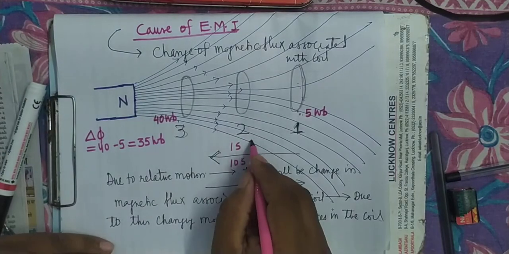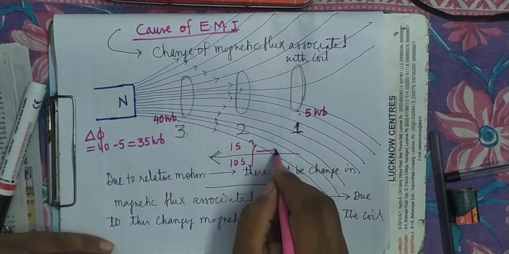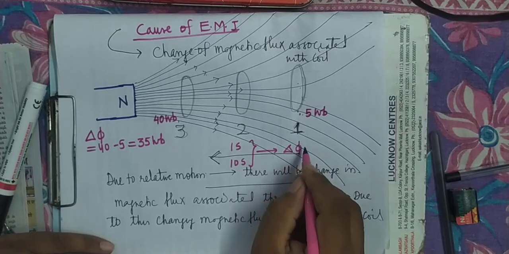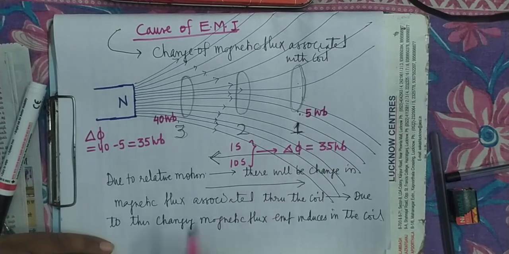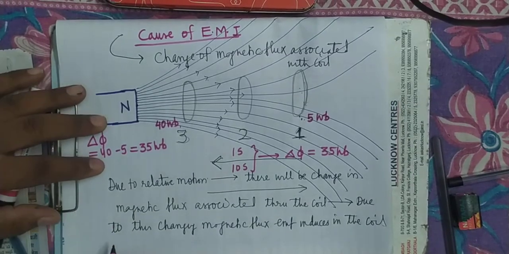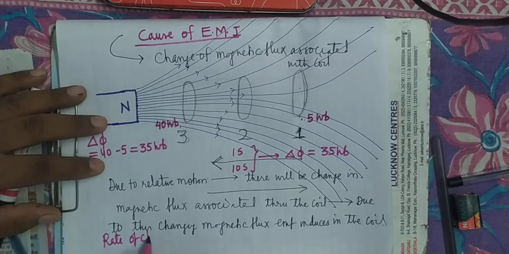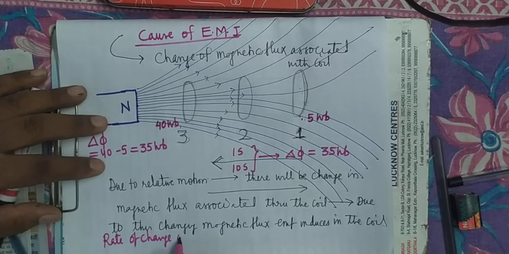So how much will be the change of flux in both cases? It will be 35 Weber. But rate of change of flux is change in flux per unit time.